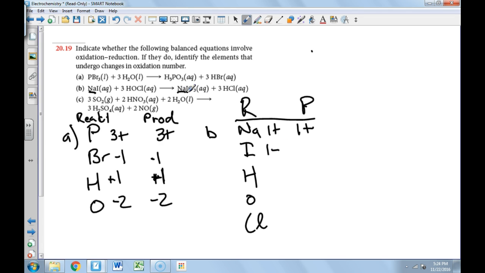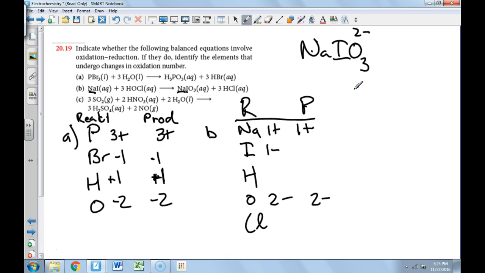Here it's going to be a little bit different, so let me pull up NaIO3. Oxygen is 2-, almost always, except with superoxides or peroxides, or when it's bonded to fluorine, but 98% of the time oxygen is 2-. That's not indicative yet that there's an oxidation-reduction reaction; we just don't know yet.